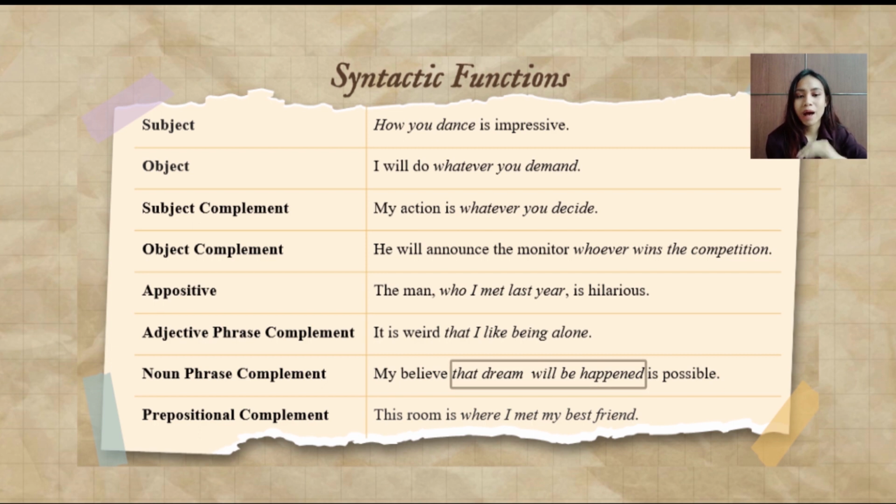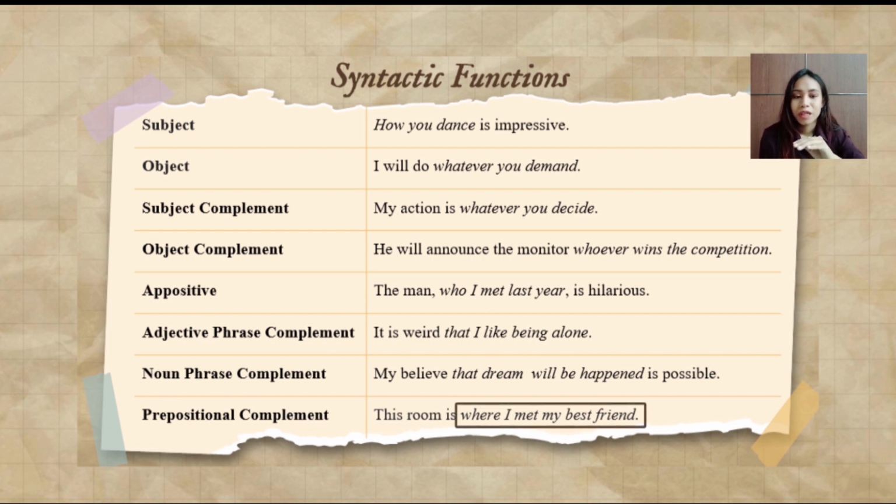That dream will be happened here is known as a noun phrase complement. Last one, prepositional complement. Sorry, it should be this. This room is where I met my best friend. So, where I met my best friend here is the preposition complement, where the place that you met your friend.